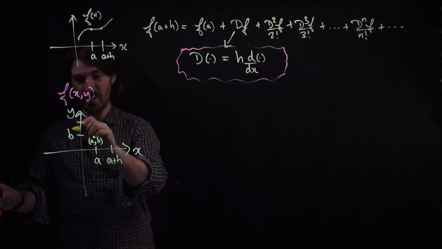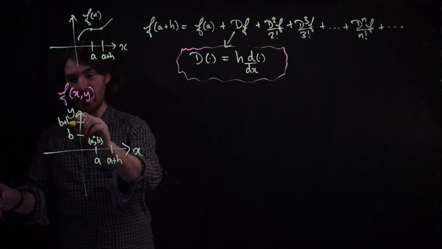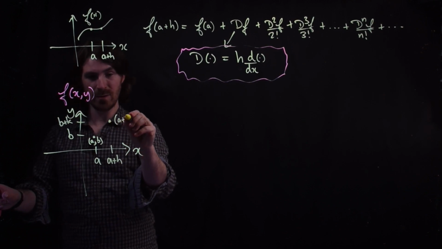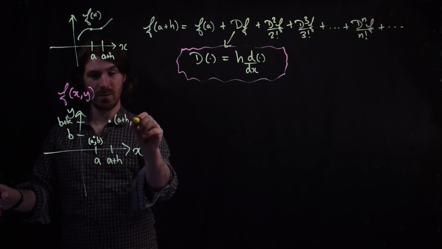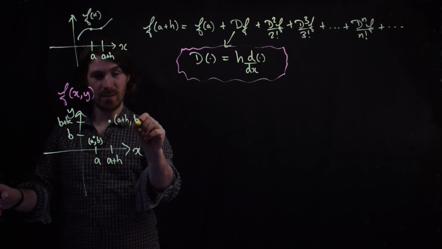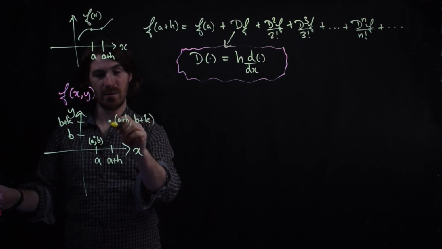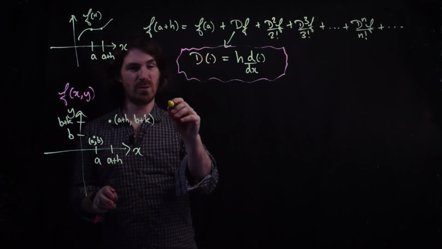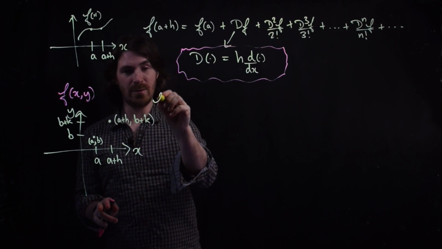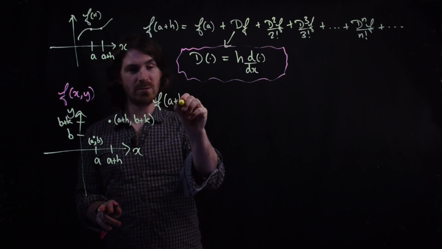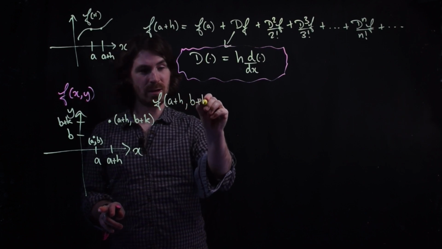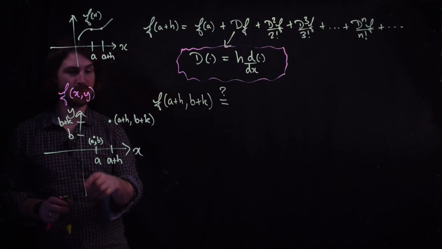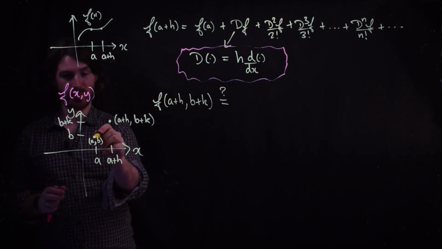But now we're moving k along b to this point, which is a plus h in the x and b plus k in the y. And we want to ask the question, what is f of a plus h, b plus k equal to? Can we write this in terms of the function at this point?